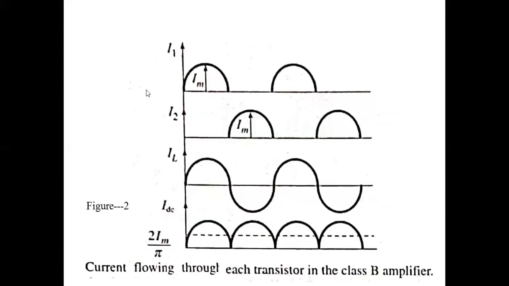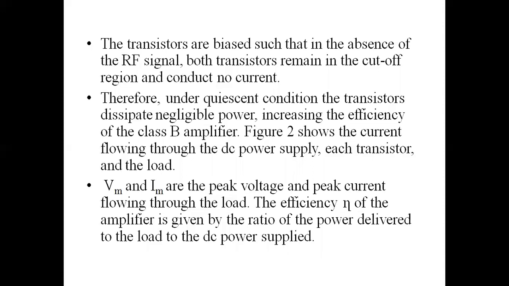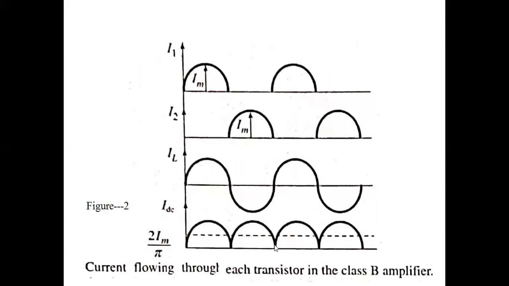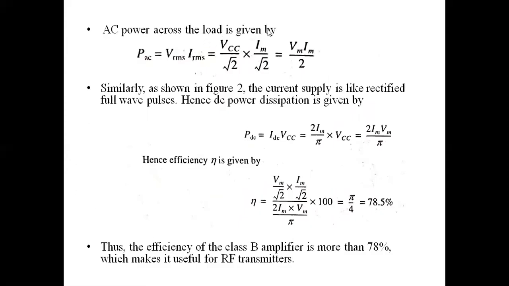The AC power across the load is given by VRMS into IRMS, that is VM by root 2 into IM by root 2, where VM and IM are maximum values. We can write it as VM into IM by 2.